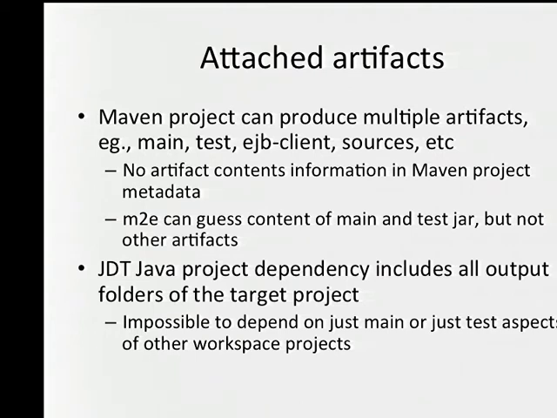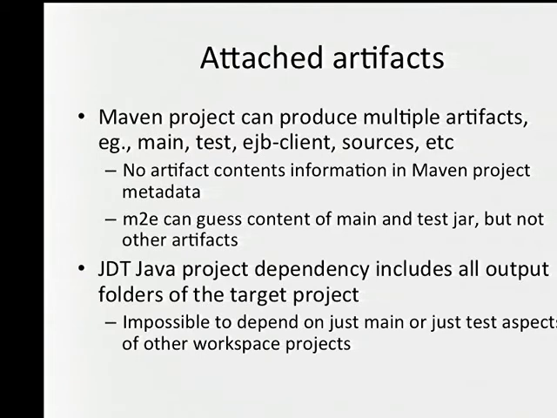The problem with the attached artifact is that there is nothing in the Maven project model that m2e can use to determine what those attached artifacts will be or what resources they will include. m2e can make a reasonably good guess about main and test artifacts, but we simply don't have anything to say about, for example, the EJB client m2e project wants to support.